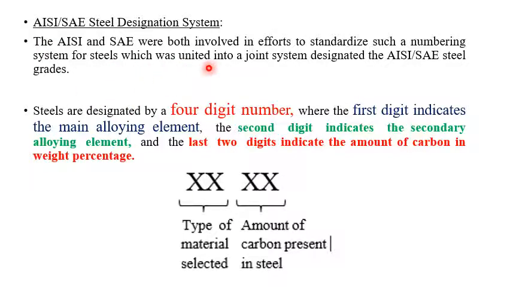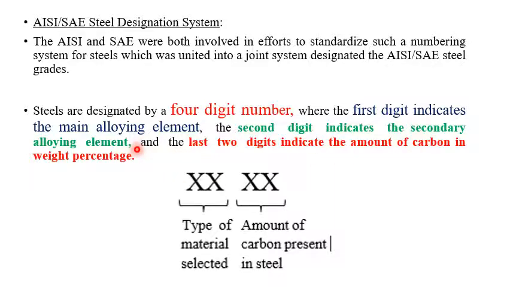We write the code with digits. Normally it is indicated with four digits, where the first digit indicates the main alloying element. For example, if you add chromium, the first digit will indicate that major alloying element, and the second digit indicates the secondary alloying element.